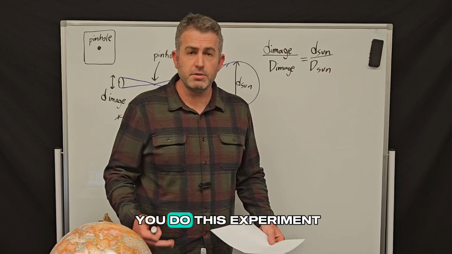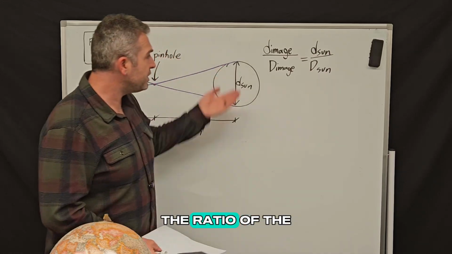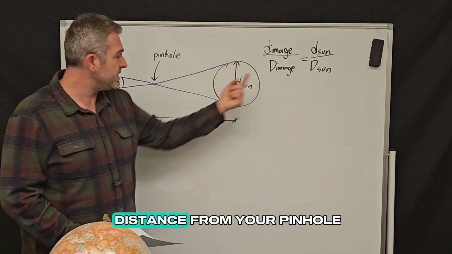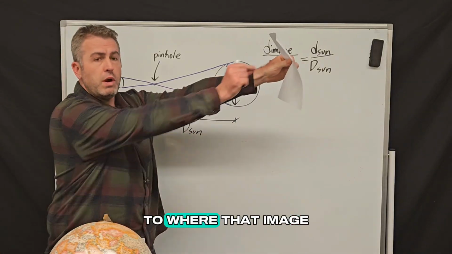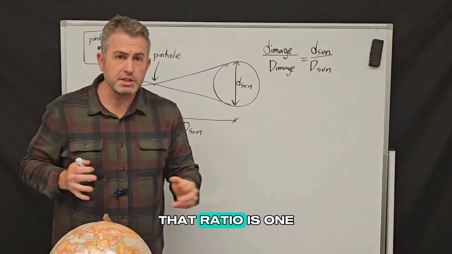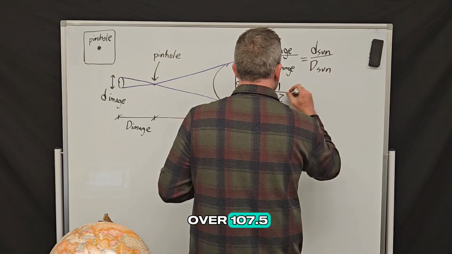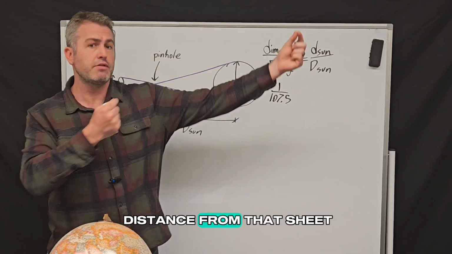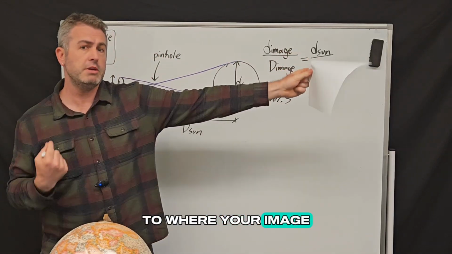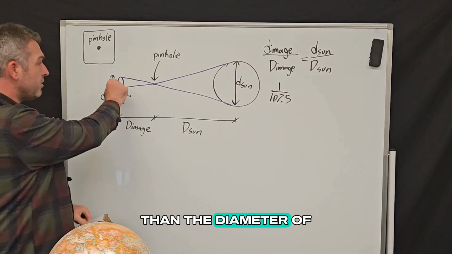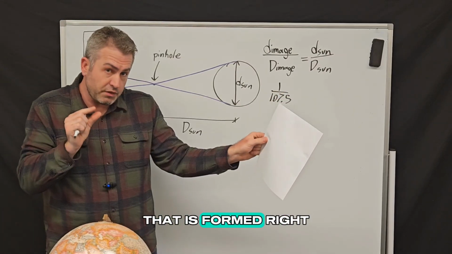If you do this experiment at home, the ratio of the size of the image of the sun over the distance from your pinhole to where that image is formed is 1 over 107.5. So that means the distance from that sheet of paper to where your image is, is 107 times further than the diameter of the image of the sun that is formed.